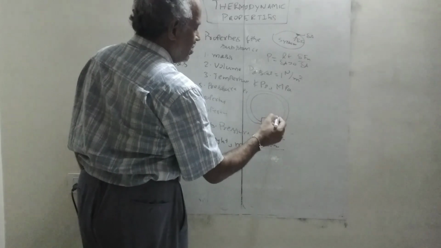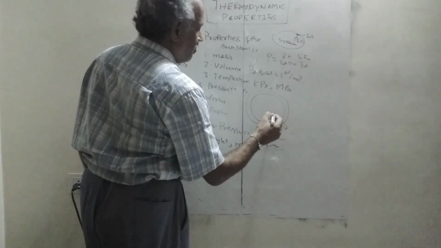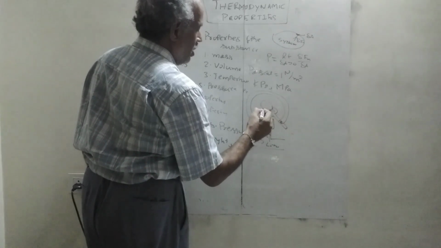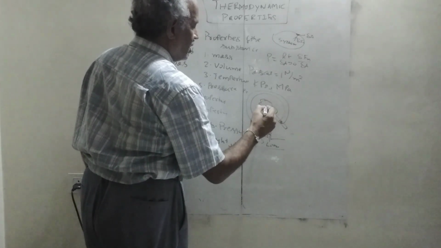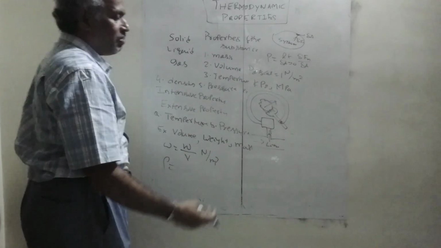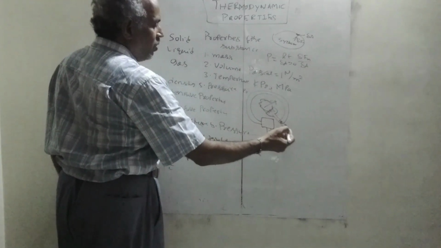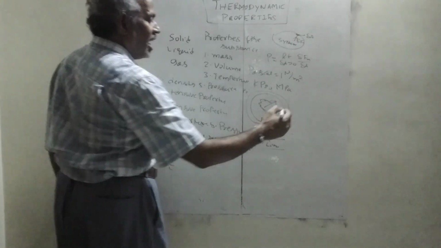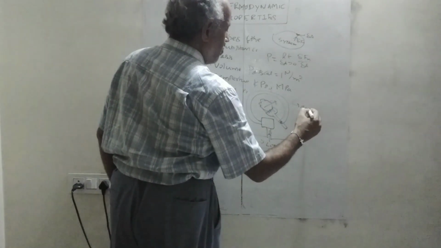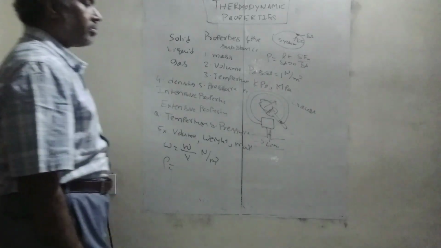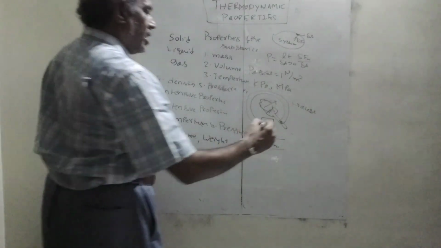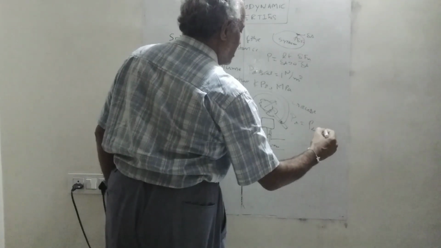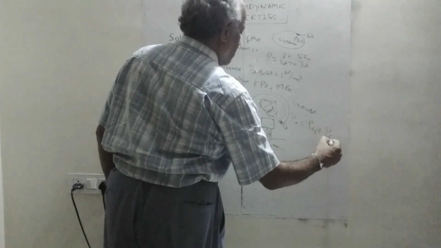Because of this, there is a linkage and a gear system, and whenever there is a pressure, this pointer will move because of the linkage, and if you calculate properly, you can get the gauge pressure of the fluid. Now the absolute pressure P absolute is equal to gauge pressure plus atmospheric pressure.